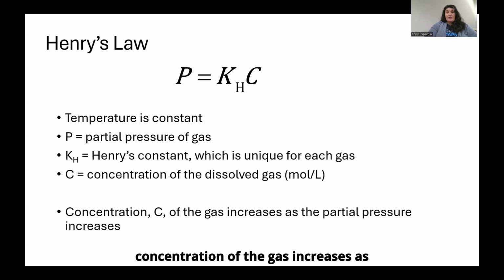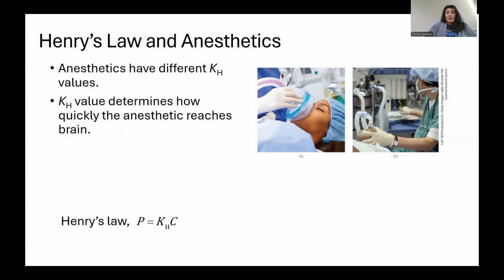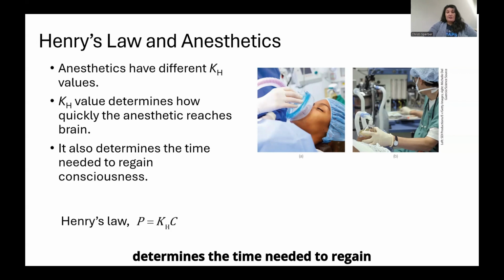The concentration of the gas increases as the partial pressure increases. Anesthetics have different Henry constants, or KH values, because every gas has a different KH value. KH values determine how quickly the anesthetic reaches the brain. It also determines the time needed to regain consciousness.